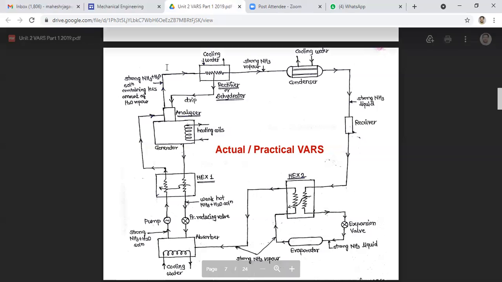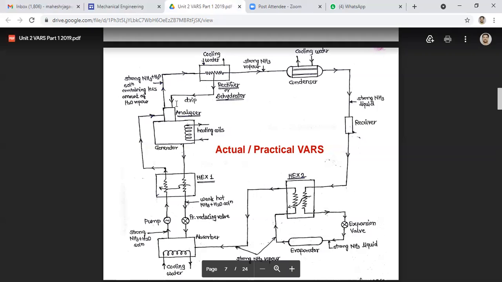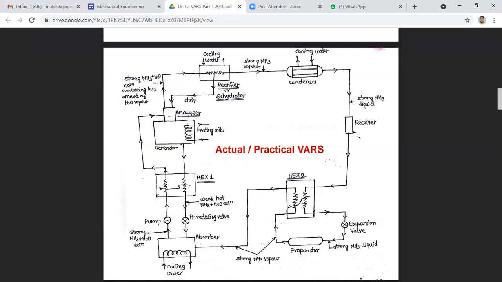Then, further, in the rectifier and dehydrator, we are removing the cool ammonia leaving, and in the dehydrator it is again supplied to the analyzer.